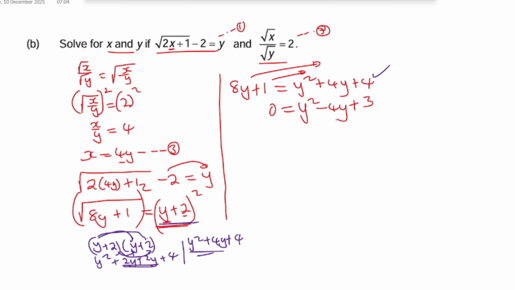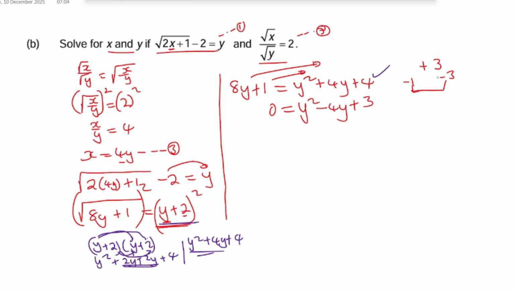Now we have a trinomial that we have to solve. We can use factorization. We're looking for the factors of positive 3 that give us negative 4 if we add them. Positive 3 means the factors must have the same sign, and negative 4 means that sign must be negative. So we have negative 1 and negative 3.